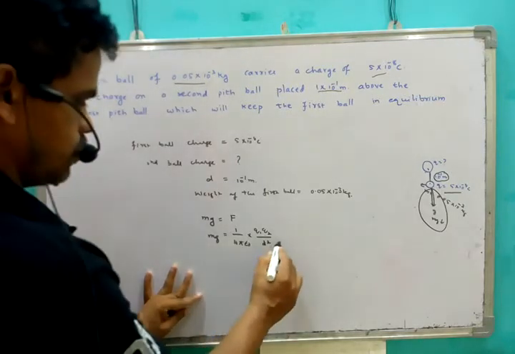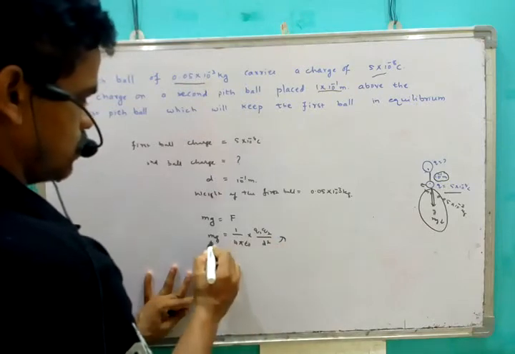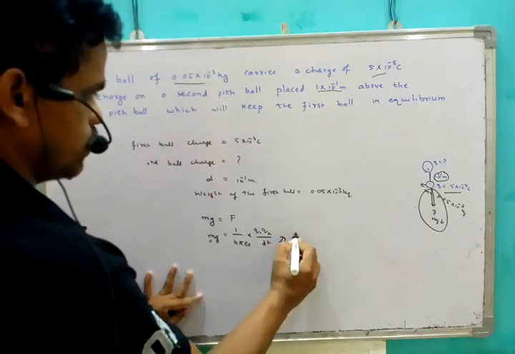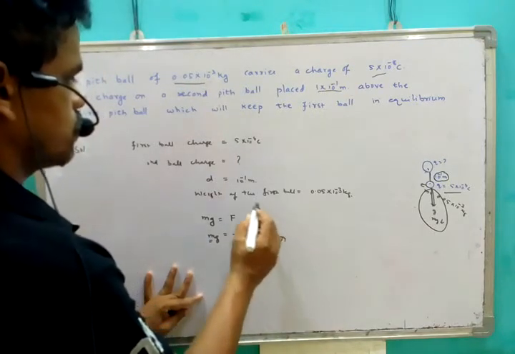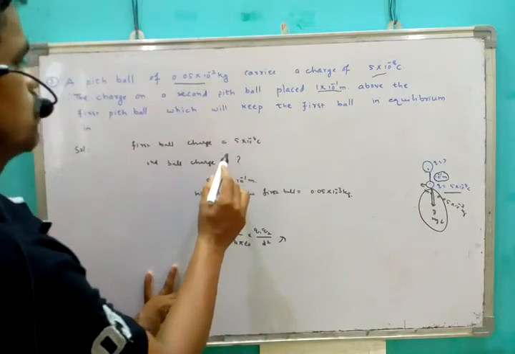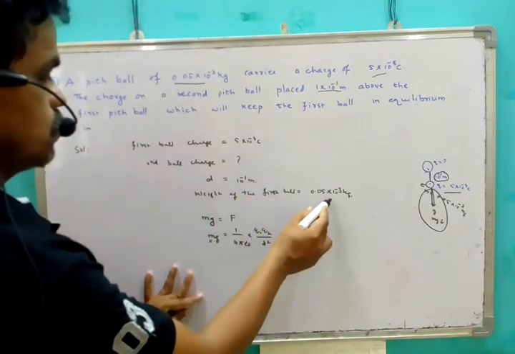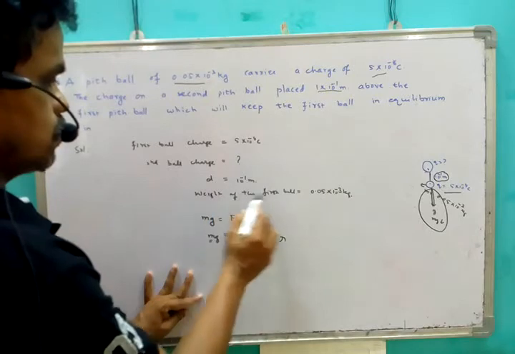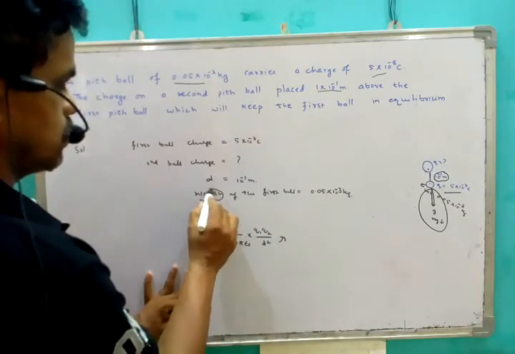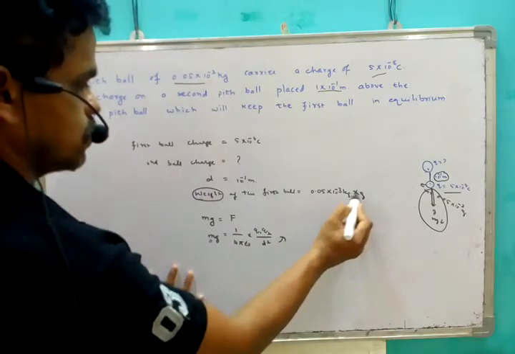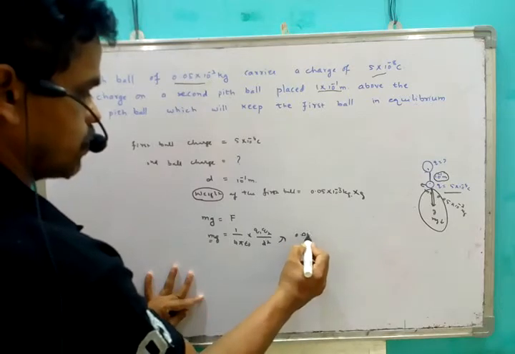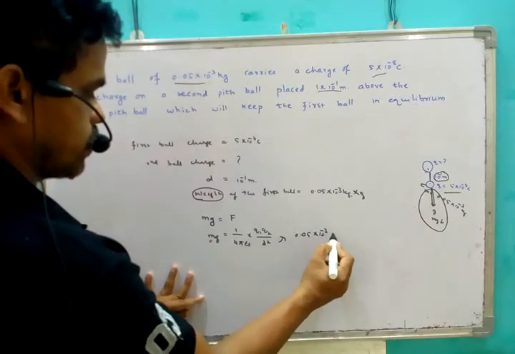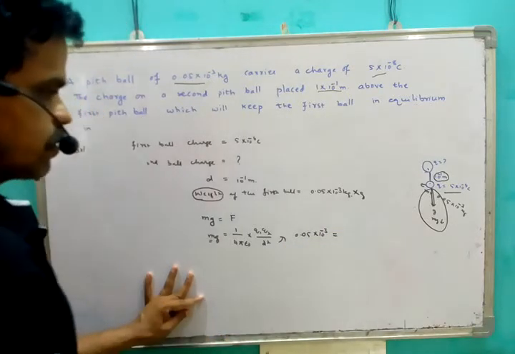Here m is the mass of the ball, so the weight is m into g, that is 0.05 × 10^-3 into g.